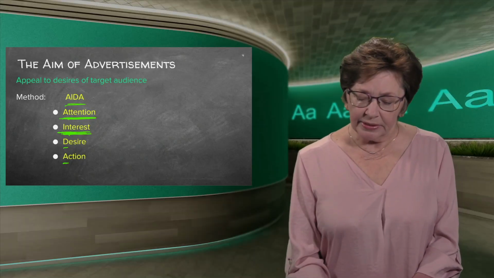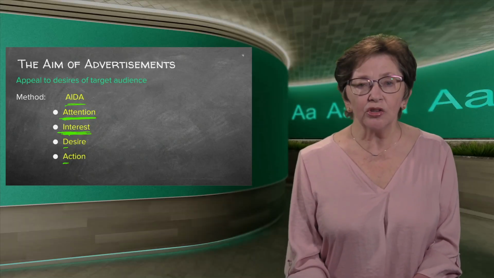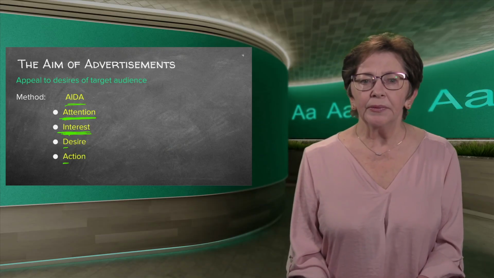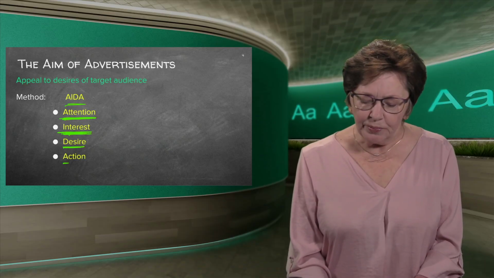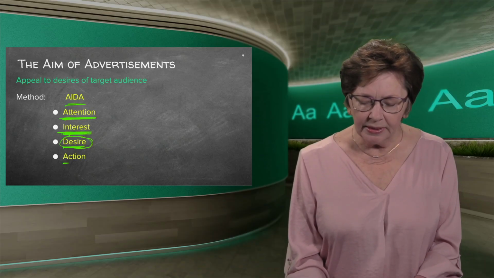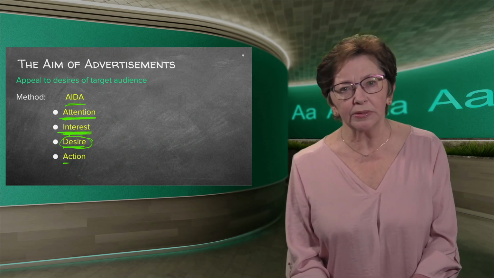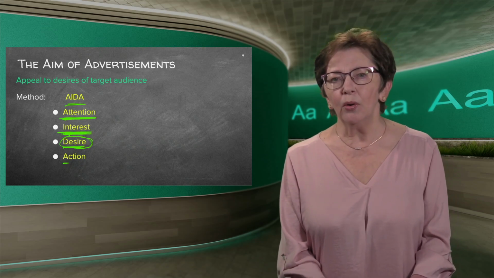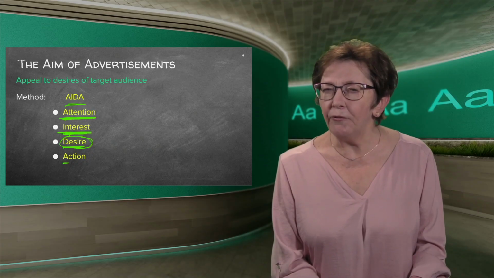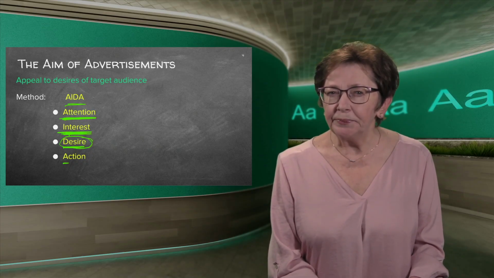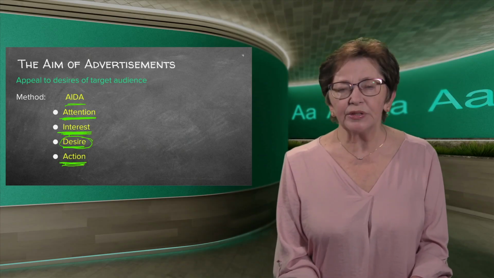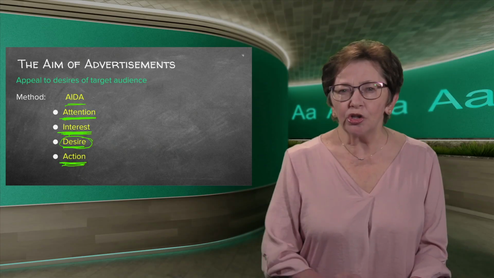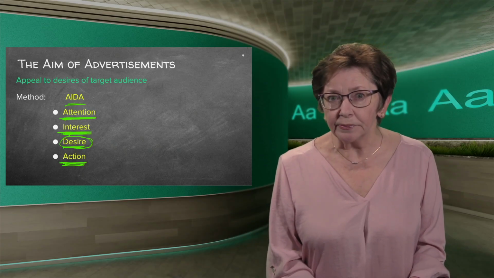So you ask yourself how your attention is grabbed in the beginning, how your interest is maintained, how this product creates desire. Desire is a very, very important part of an advertisement. How is desire for this product achieved? And then what does the advertisement do to shove you into action?